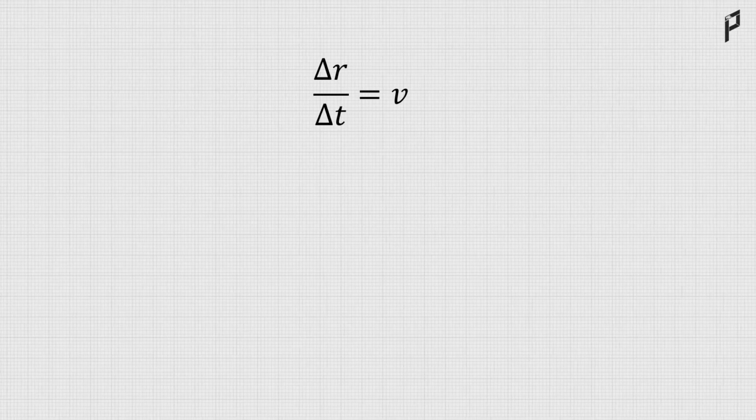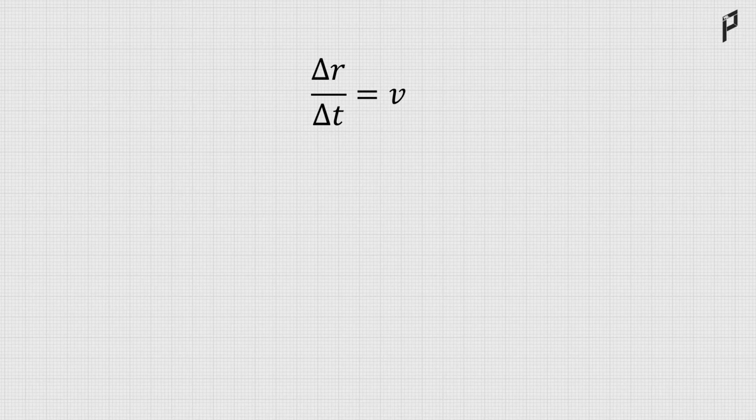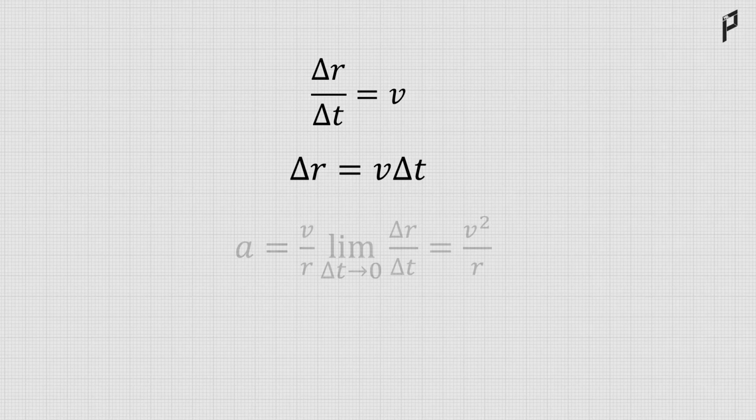Now, since this is a very small interval, the arc length would be equal to the magnitude of delta r. Let us approximate that delta r is equal to arc length. Since we know that the velocity is v, therefore delta r by delta t is equal to v. So we have delta r is equal to v delta t. Now, putting this value in the above equation, we have acceleration is equal to v square by r.